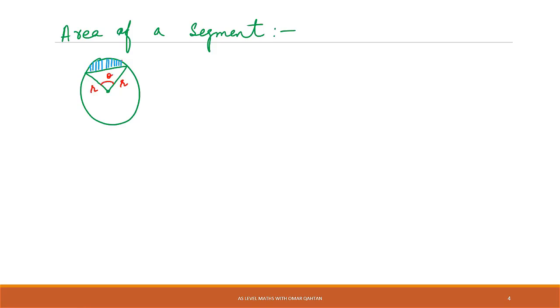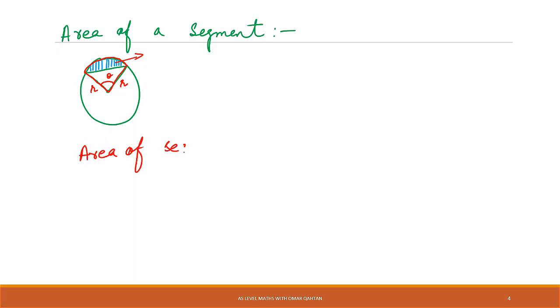If we have to find the area of this segment, so what we're gonna do for it, as we know this whole thing here till here is the sector. So what we'll do, we will subtract from the area of the sector.